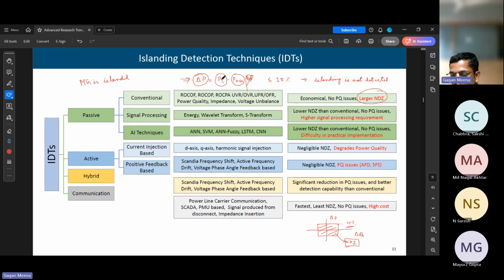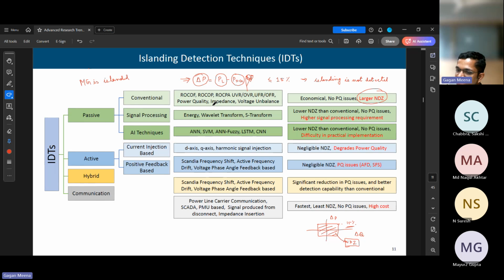Okay, you are saying when the entire load is being met and you are not taking anything from the grid, and in that case there is islanding. Correct, you're right. That will happen when the generation resources within the microgrid are sufficient to meet the load. In that case, the mismatch will be zero.